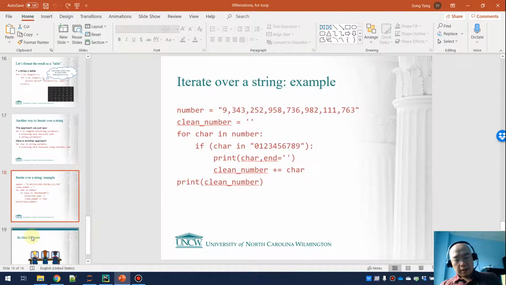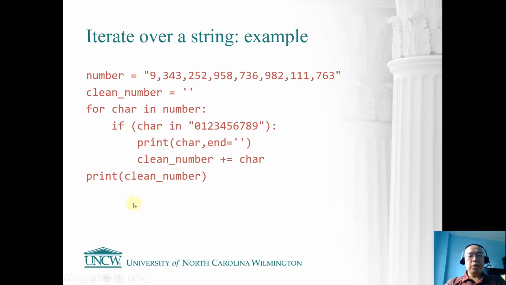Let's come back to this example again. We are visiting all the characters one by one, and then we are checking if the current character is a number or a comma. If the current character is a comma, we throw that away, and otherwise we keep that.